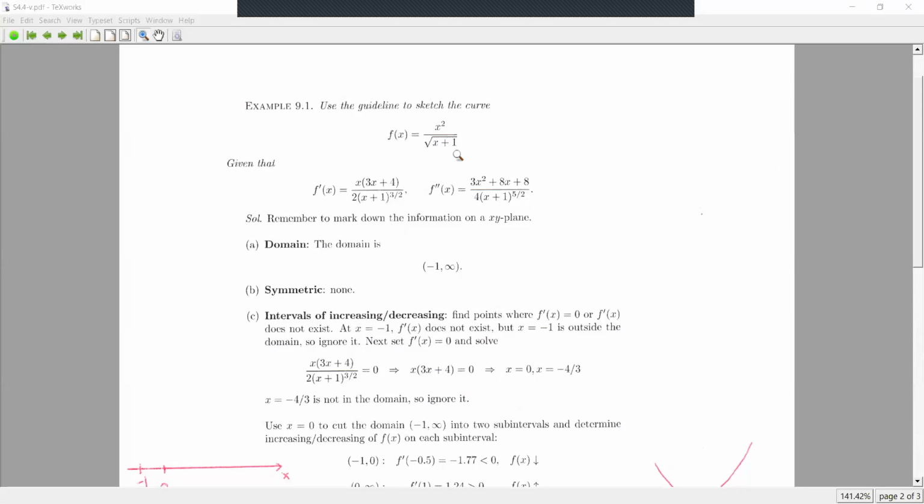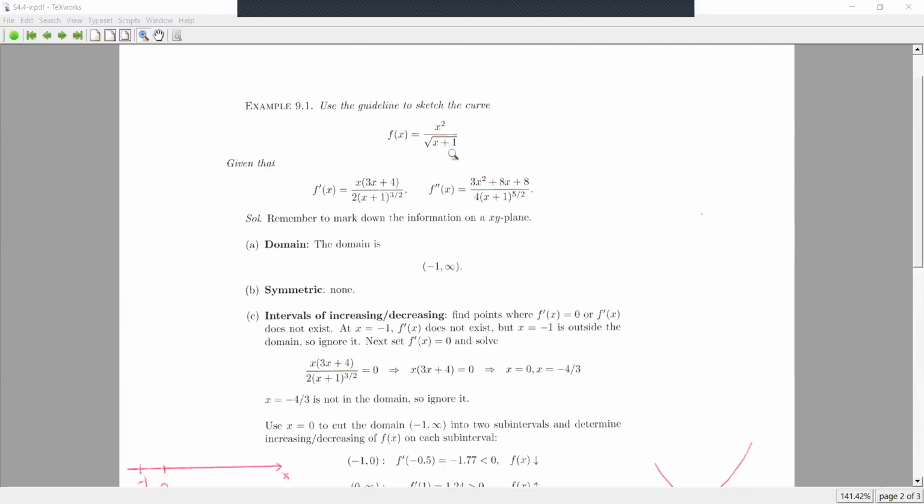How about -1? If you plug in -1 for x, then the denominator is the square root of -1 plus 1, which is 0. So the function is not computable at -1. Then how about -0.5?